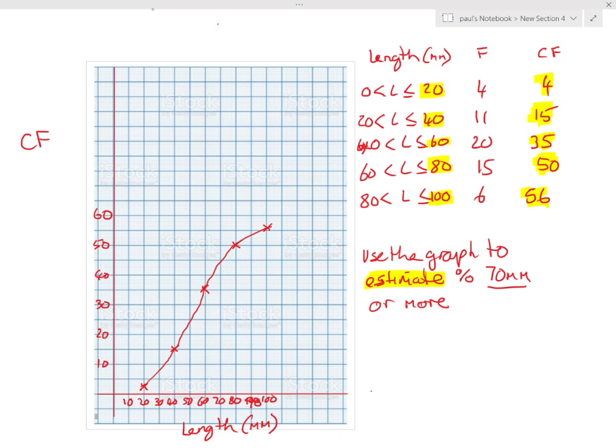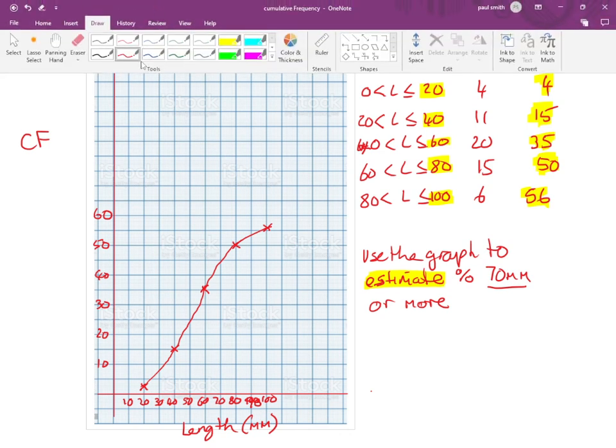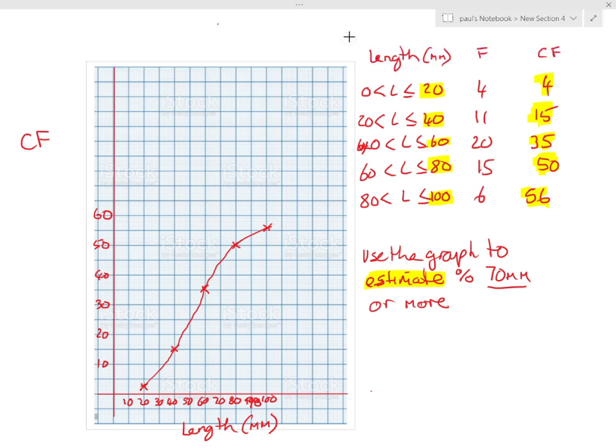From 70 millimeters, we go up here to meet our line. There. And then we go backwards to the cumulative frequency, so we can estimate that the cumulative frequency for 70 millimeters is 45.